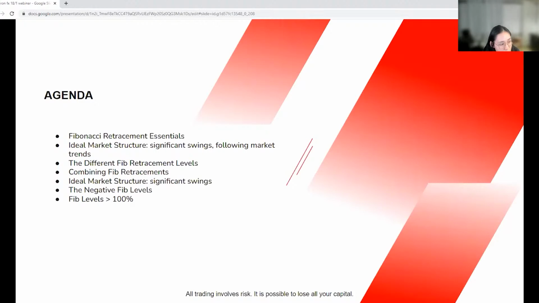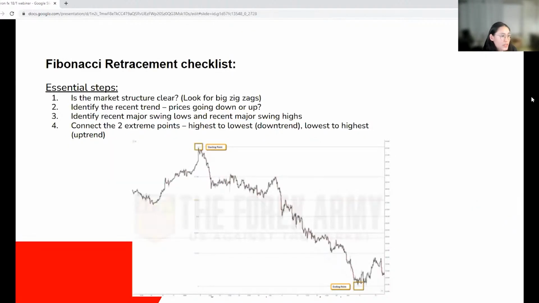After that, we'll go through how to combine the Fibonacci retracement levels so that you can increase your chances of a profitable trade. Then we will introduce something called the Fibonacci confluence area. After that, we'll go more in depth, talking about the negative Fibonacci levels as well as the levels more than 100%.